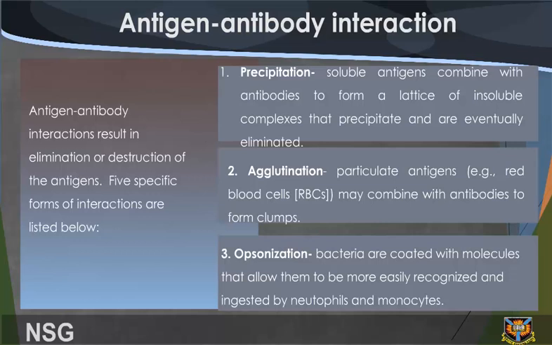Particulate antigens, e.g., red blood cells, RBCs, may combine with antibodies to form clumps. 3. Opsonization. Bacteria are coated with molecules that allow them to be more easily recognized and ingested by neutrophils and monocytes.